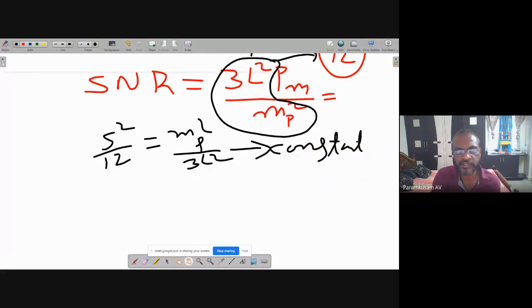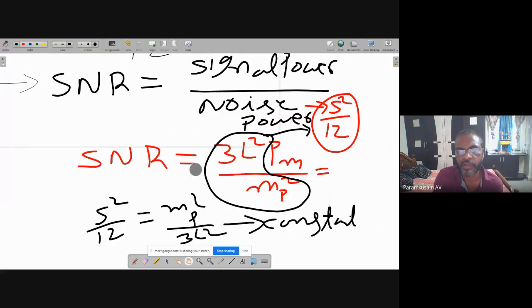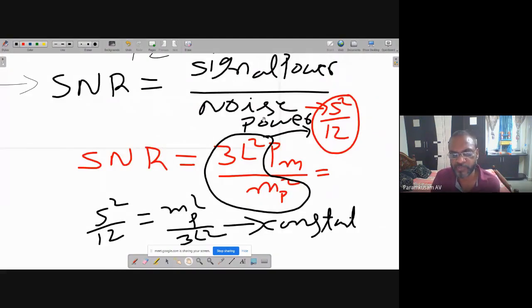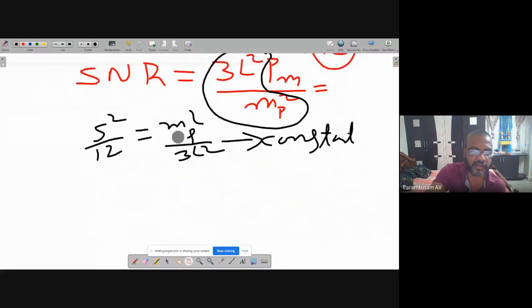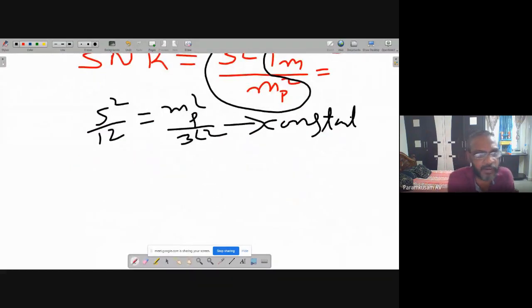Okay. So what is the signal to noise ratio? Signal power by noise power. Noise power is fixed for uniform quantization. What about signal power? That is PM. The signal power depends upon the amplitude of the signal.